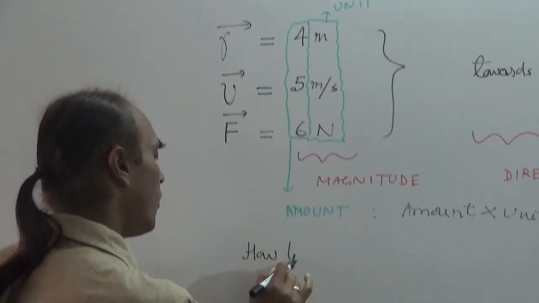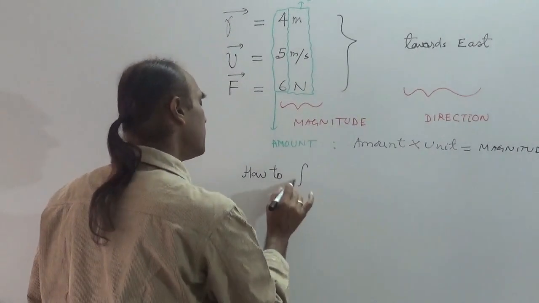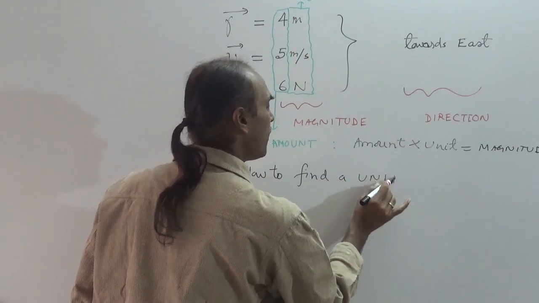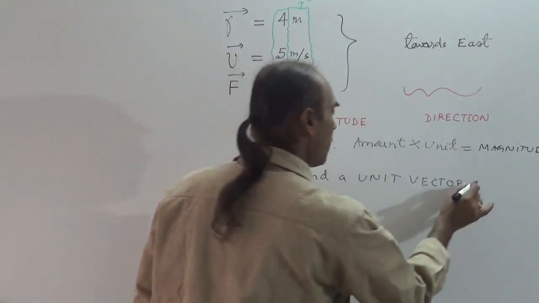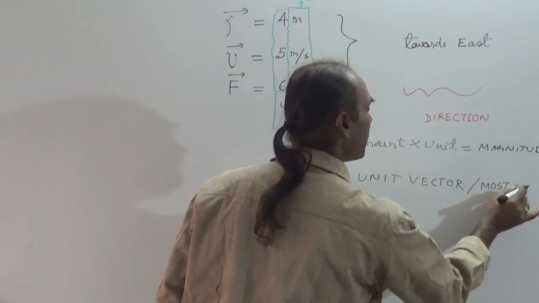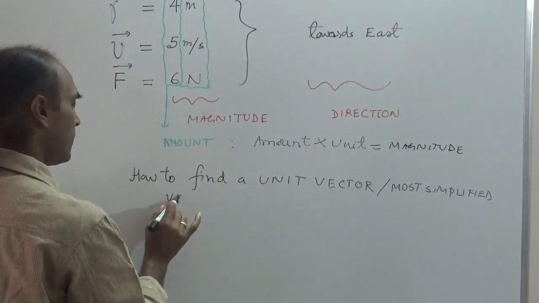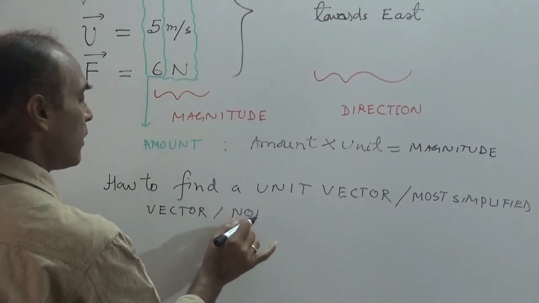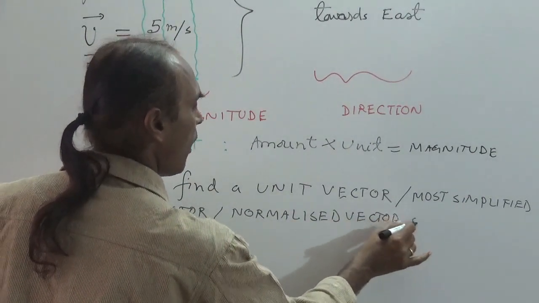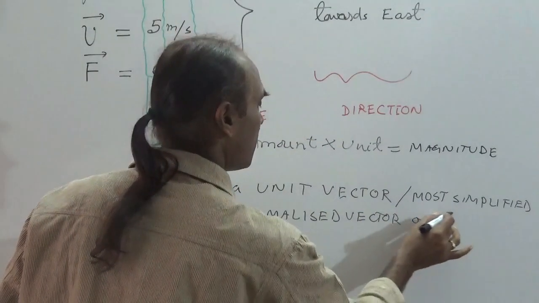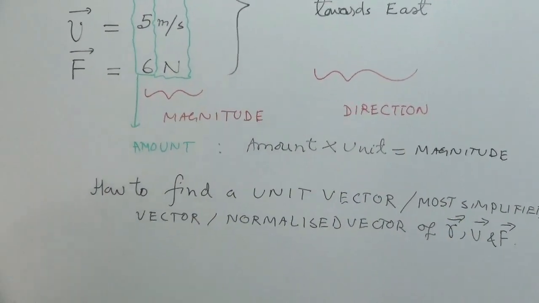How to find a unit vector, or most simplified vector, or normalized vector, of these three vectors: position, velocity and force, these three given vectors.